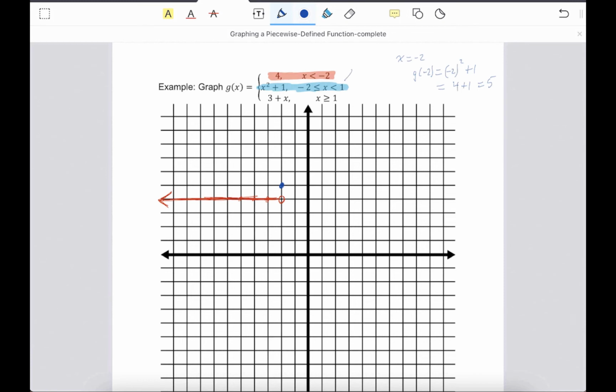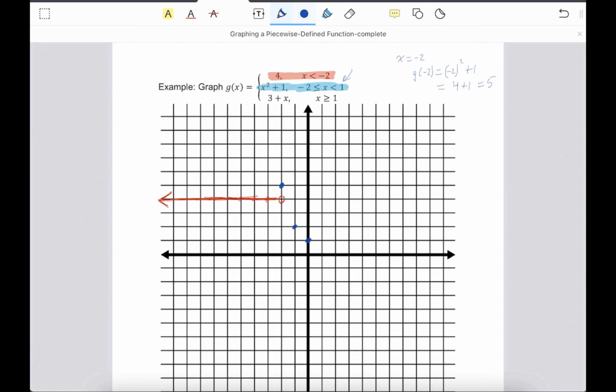We're going all the way up to 1, so I'll get the value at -1. When I plug in -1 into this equation here, I get -1 squared is 1 plus 1 is 2. So I get -1, 2 there. At 0, we get 1. At 1, we get 2.